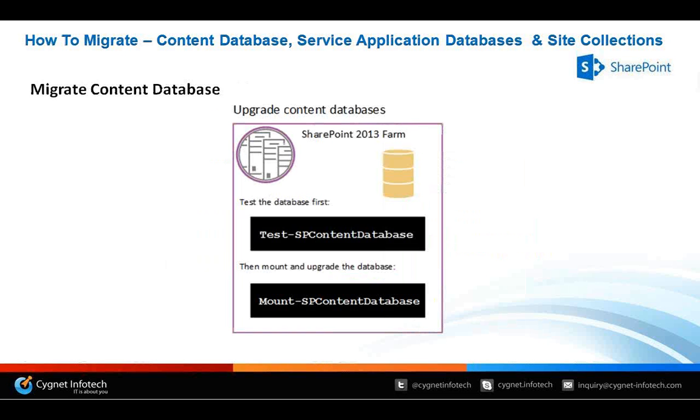After that, you can start with the migration of the content databases by executing two commands, Test-SPContentDatabase and then Mount-SPContentDatabase. Once you execute Mount-SPContentDatabase, it will migrate your content database from SharePoint 2010 to SharePoint 2013.